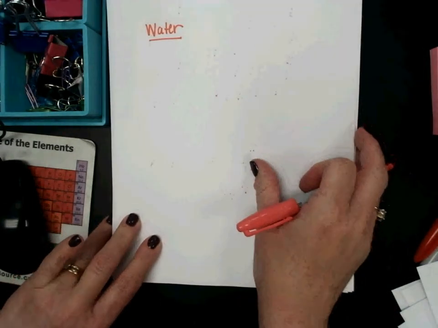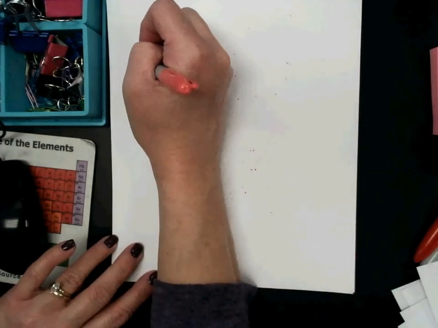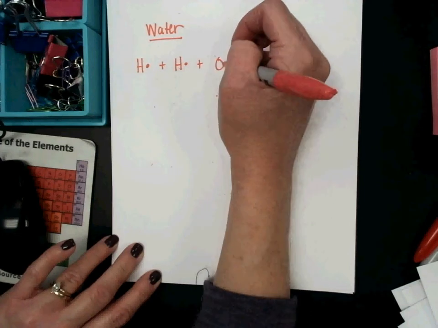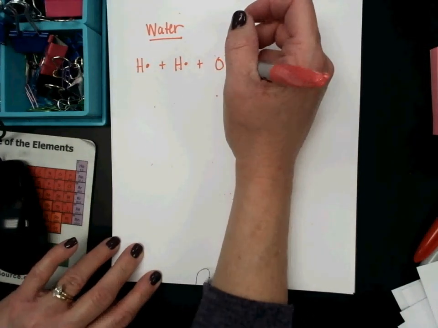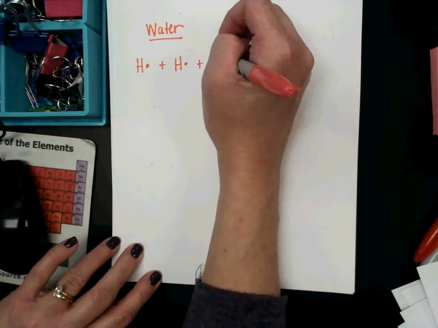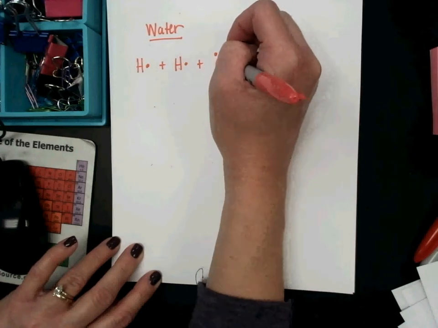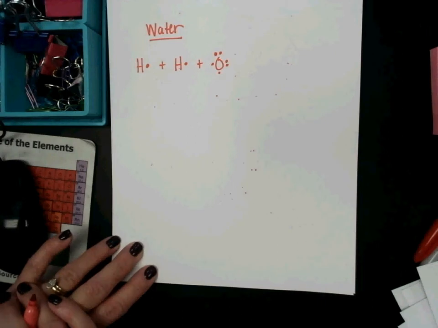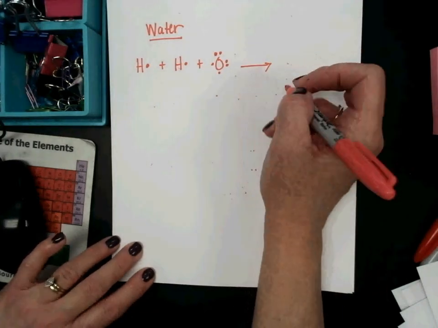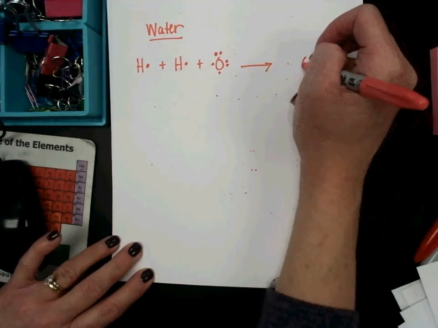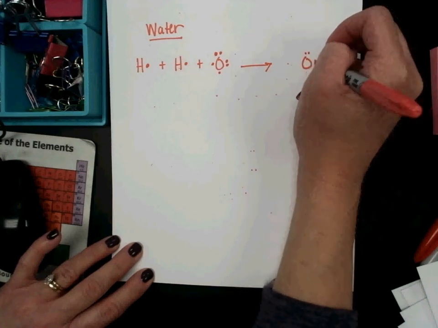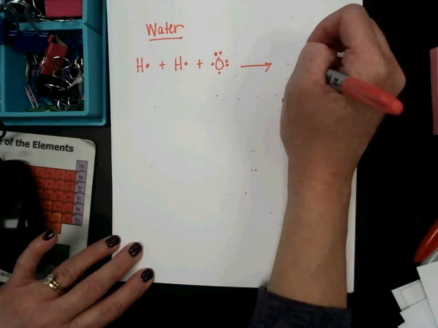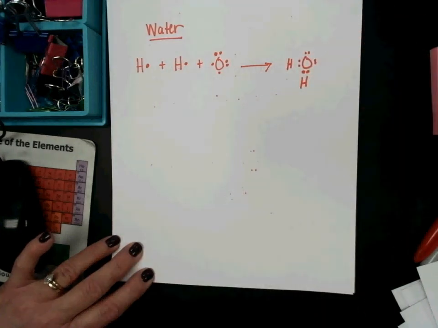Now let's look at something like water. I'm just trying to give you some examples here. Water, I've got hydrogen plus oxygen, which is going to have 6, because I know I've got 2 hydrogens to bond to it. So in the end, I end up with H, 1, 2, 3, 4.